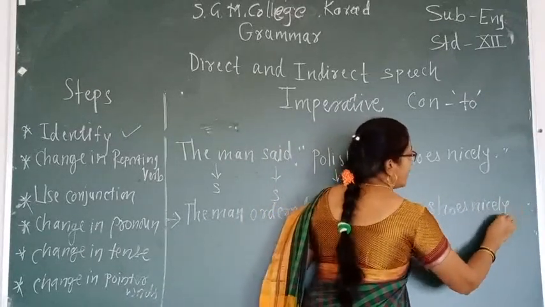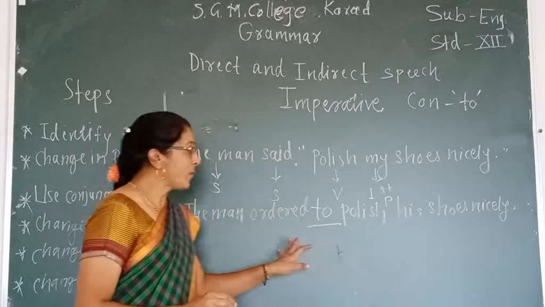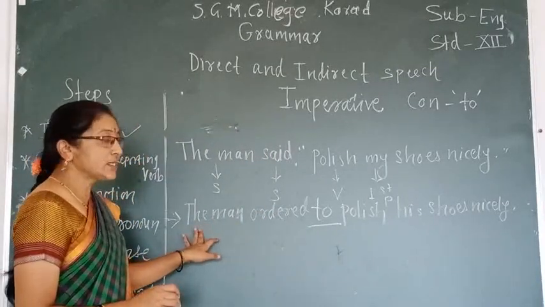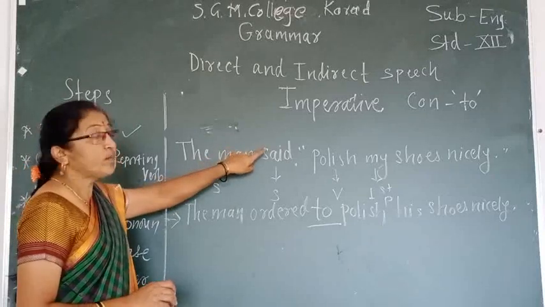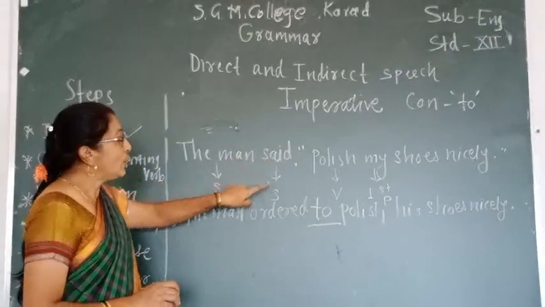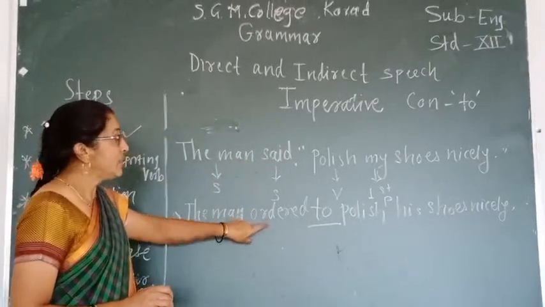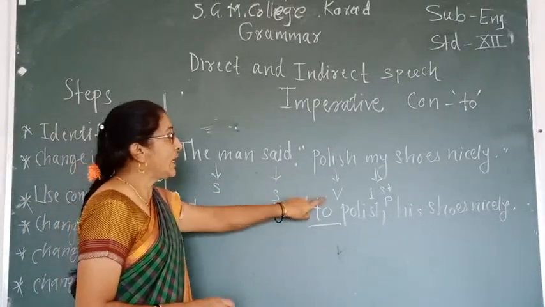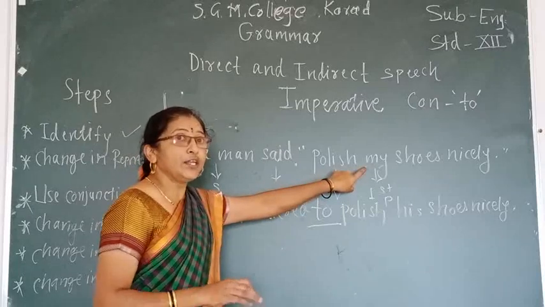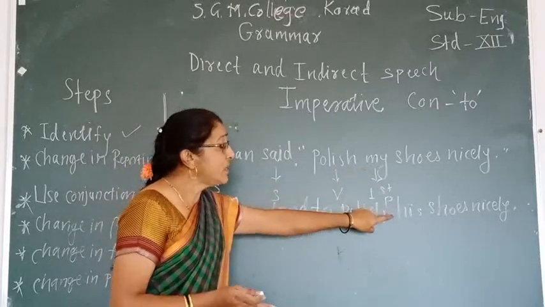Yes, understand? Now look again, I revise the sentence and the changes. First, instead of the reporting verb "said," we use "ordered." Then we use the conjunction "to." Then the first person pronoun "my" is changed into third person "his."